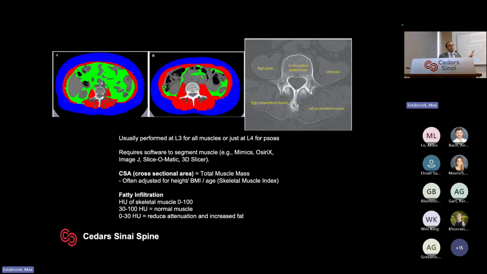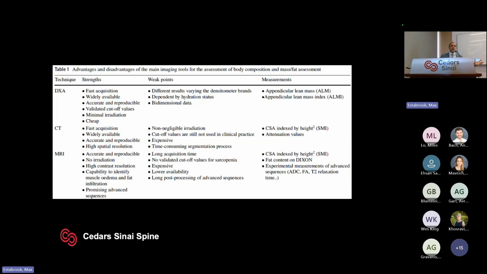So they look at total muscle content in all the compartments. They look at visceral fat, and then they look at fatty infiltration in the different muscle contents. And all of these things can be measured, and there are cutoffs, and these are pretty well established. And this can be done with both CT and MRI, and there are pros and cons to both, but ultimately they're kind of measuring the same thing, muscle mass and fat content.